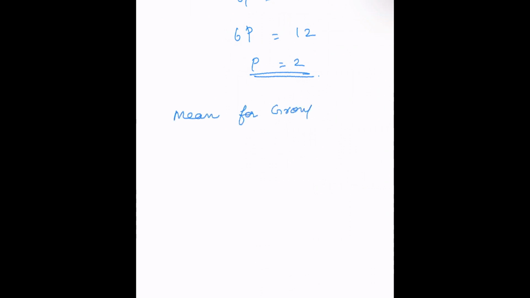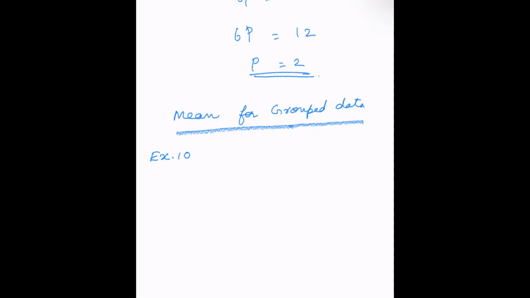This is very little, maybe 2% difference from the previous methods. All the 3 methods that you have learned, direct method, shortcut method, and standard deviation method, come here also.